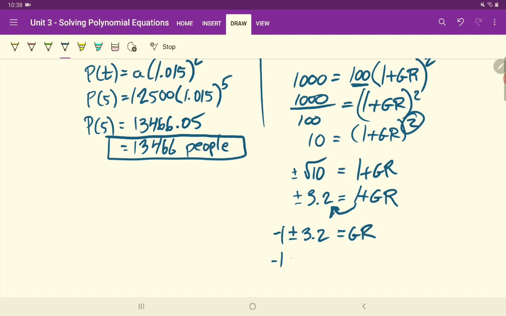So -1 plus 3.2 is equal to GR, but I'll put an or. -1 minus 3.2 is equal to GR as well. Mathematically, again, these exist. There are 2 answers here, okay? So in this case, we would of course get 2.2 as my growth rate.